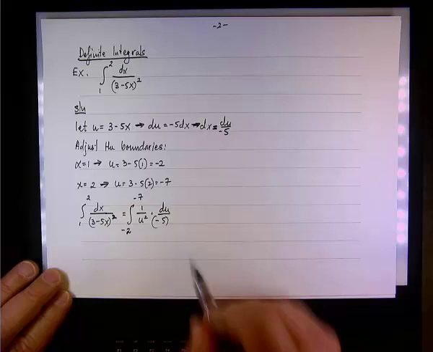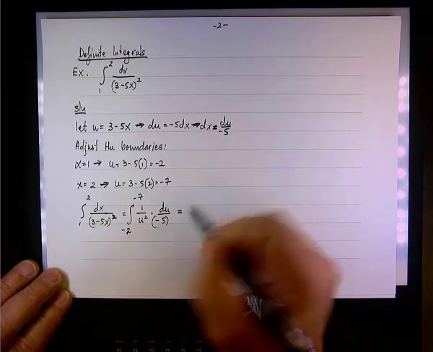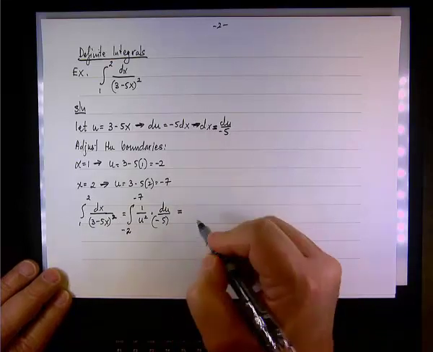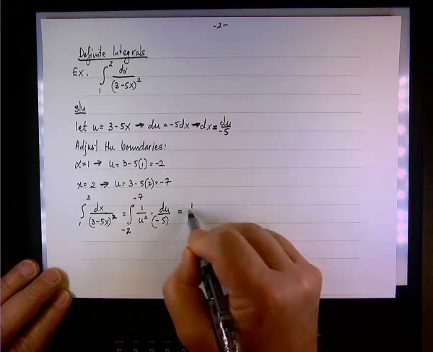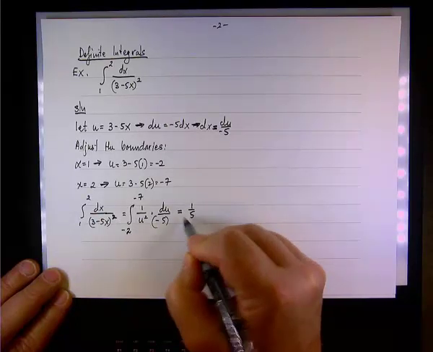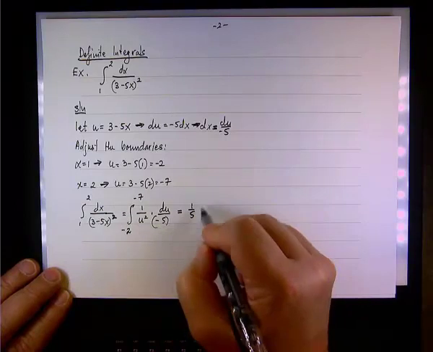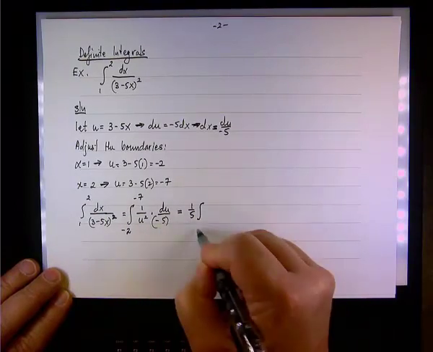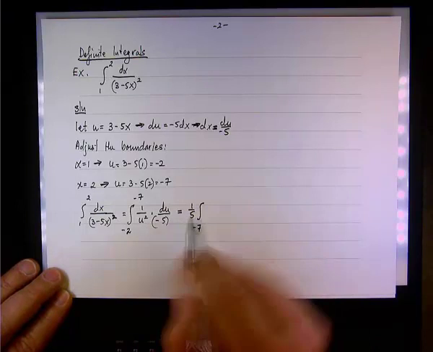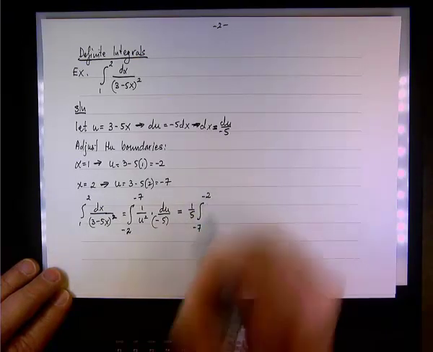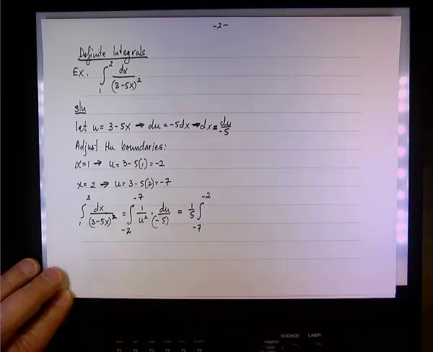And we have a negative here, so we're going to flip the boundaries of integration. We take the positive 1 over 5 outside, and reverse the boundaries to change the sign from negative to positive. So now we go forward from negative 7 to negative 2.